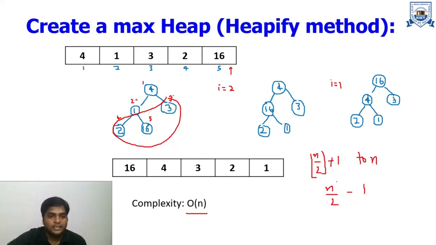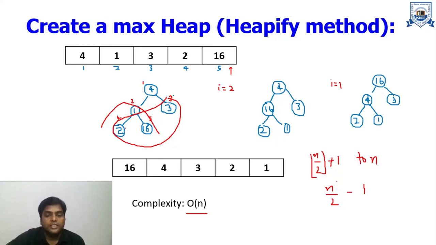So we start with this index. For i equal to 2, we check whether this subtree satisfies the max heap property. It does not, because this node has a value less than its children.